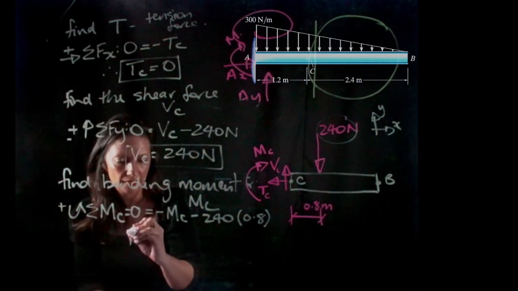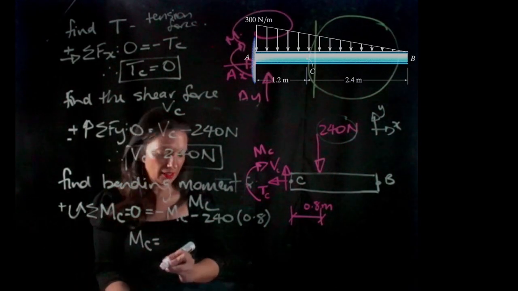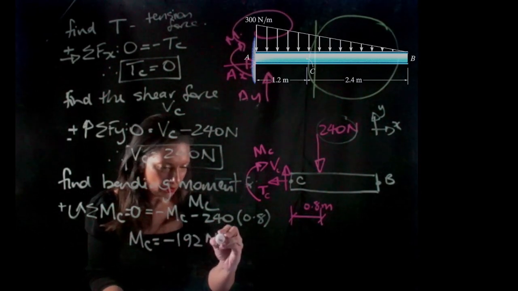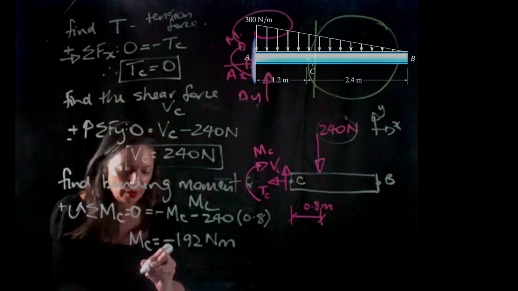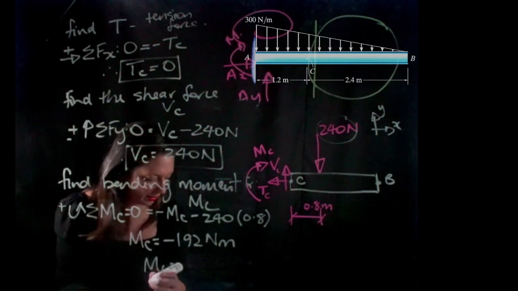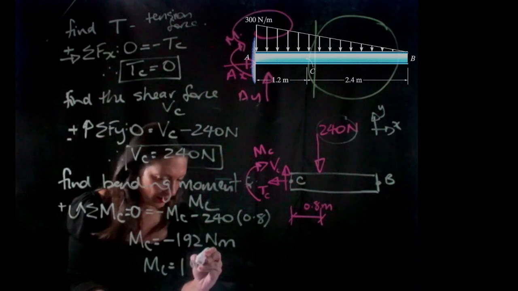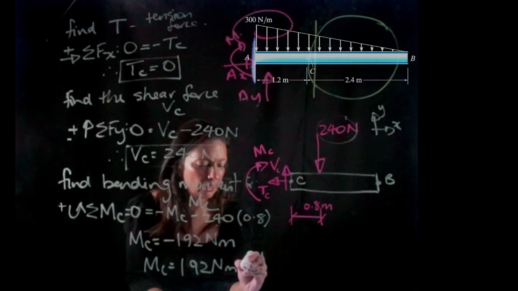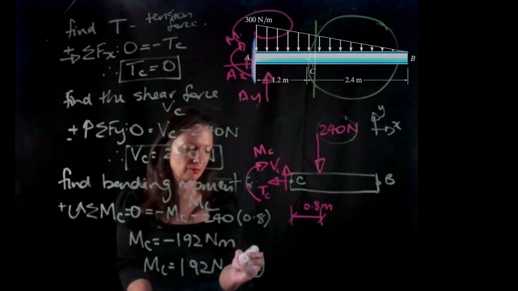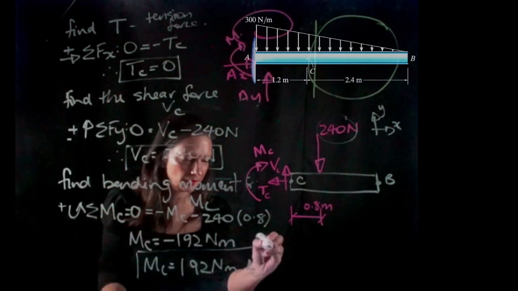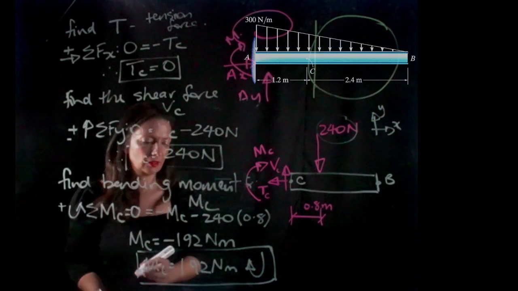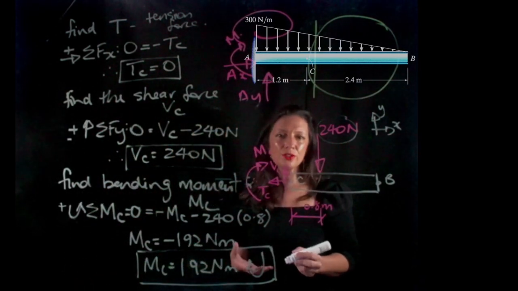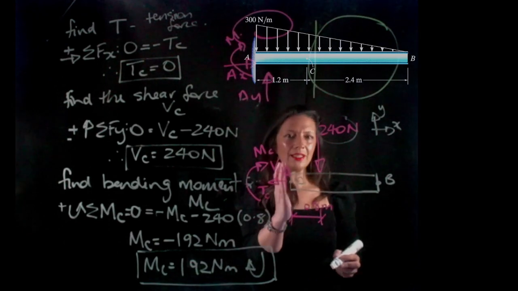So MC is going to equal minus 192 Newton meters, which means MC is going to be 192 Newton meters in this direction. So there we have the 3 internal forces at point C on this beam.